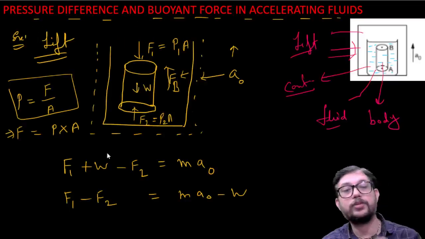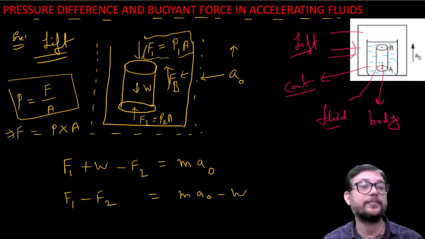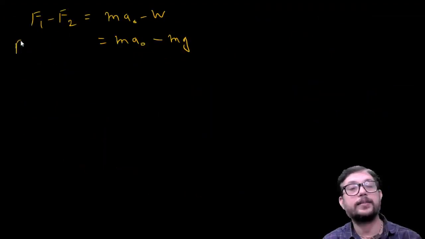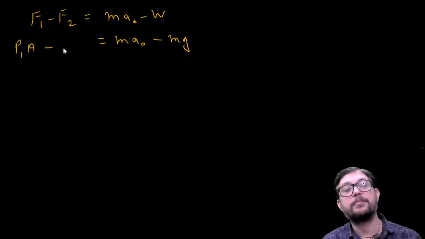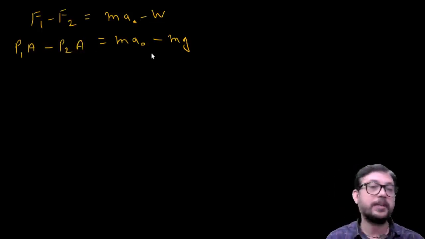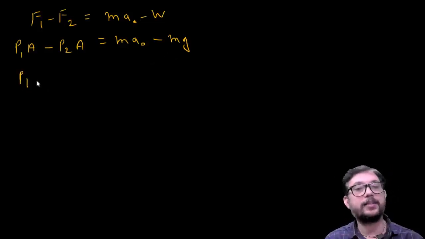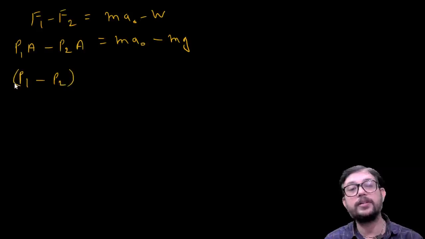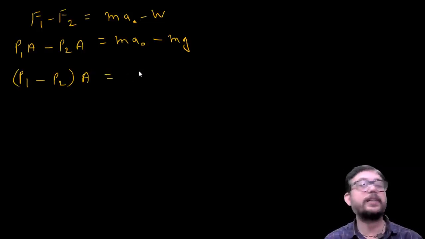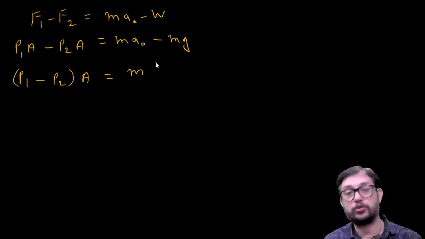As I have already told you, F1 is equal to P1 times A. So you can write P1 times A minus P2 times A, and that will be equal to m a naught minus mg. If we take A common on the left, and m common on the right, we get m times (a naught minus g).